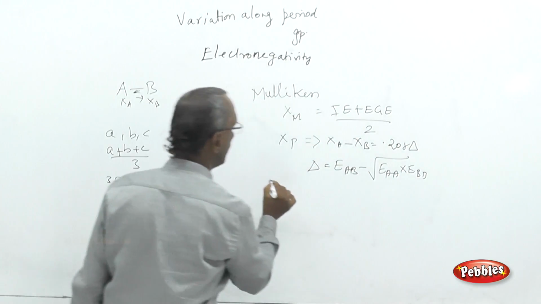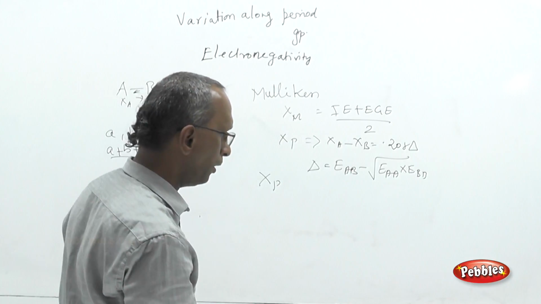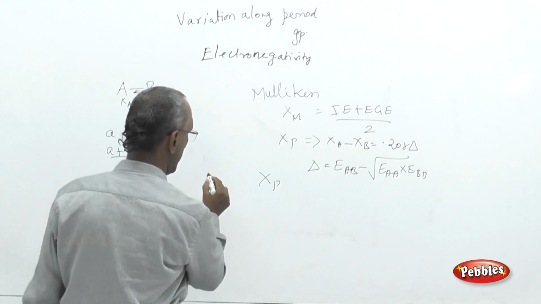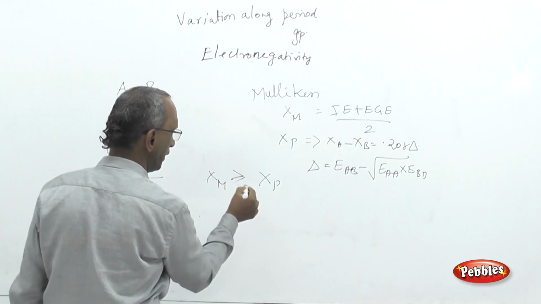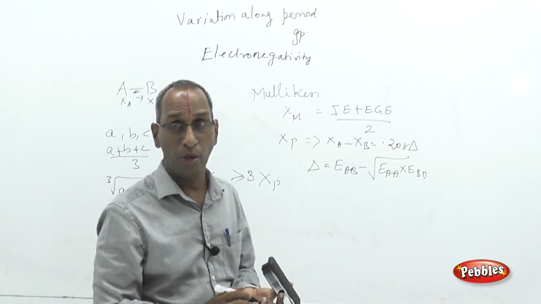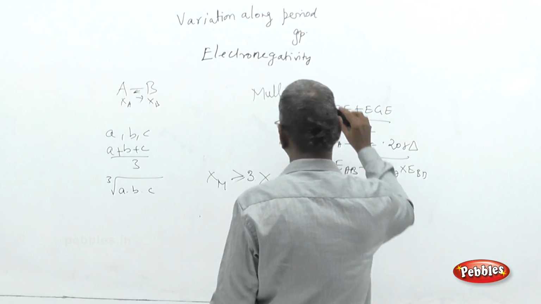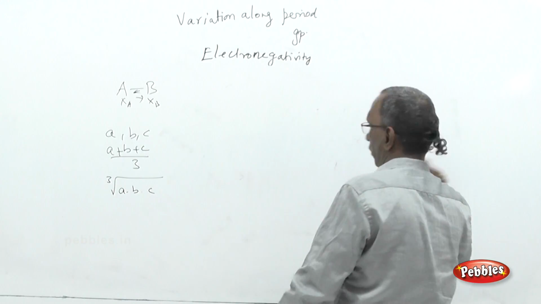How are they related? Mulliken's electronegativity for any given system is roughly 3 times Pauling's electronegativity. These are only rigorous sums.